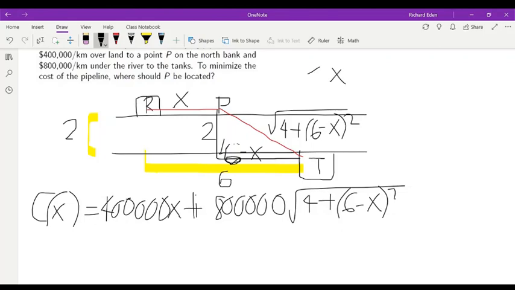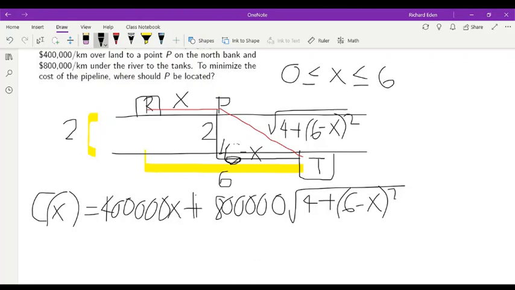And then on the other hand, x should not exceed 6. I guess you want to avoid this dimension of the right triangle being negative. And actually, if x were to go beyond 6, then that would put point P further to the right of point T, the tanks. And again, that is not a very economical choice. So x is no lower than 0 and no higher than 6.